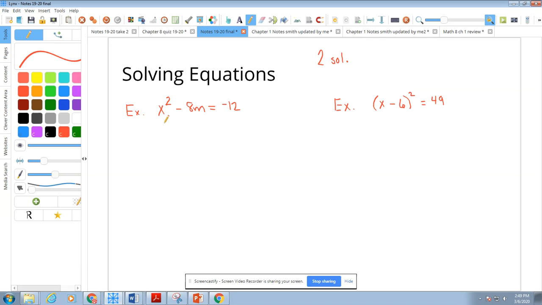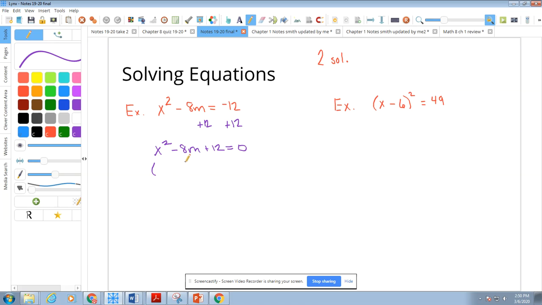When we do this, we want to make sure we collect all our terms on one side and set the equation equal to 0. So I am going to add 12 to both sides. And now I have x squared minus 8x plus 12 equals 0.